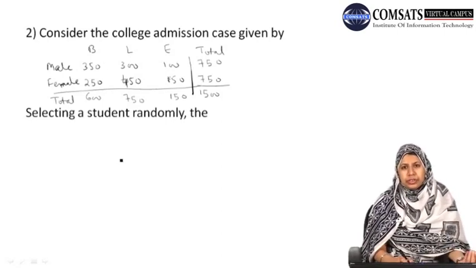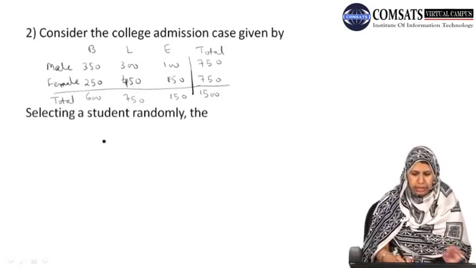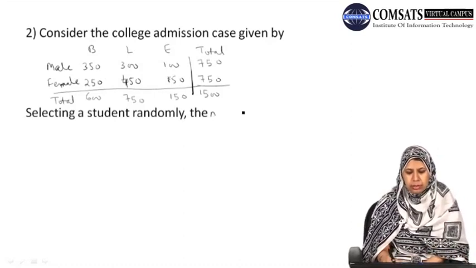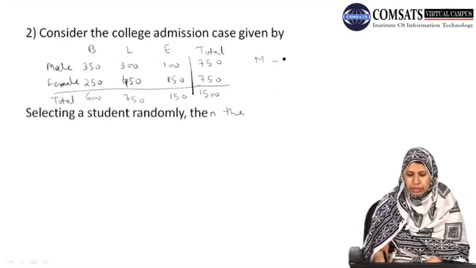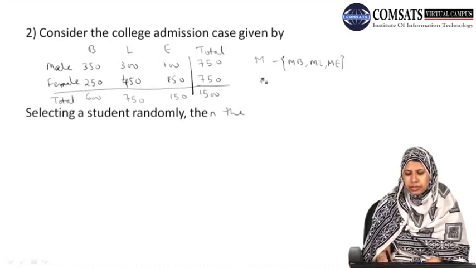If we select one student randomly, then we define our event M as the set of male students, that is the male student studying business, male student studying law, male student studying engineering.